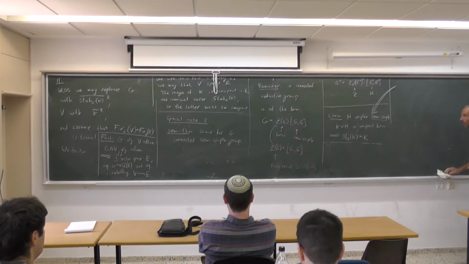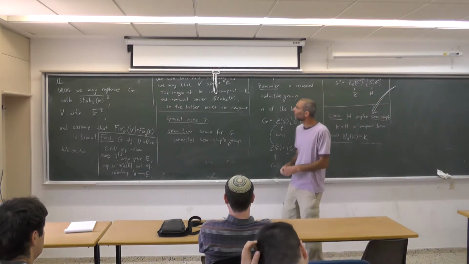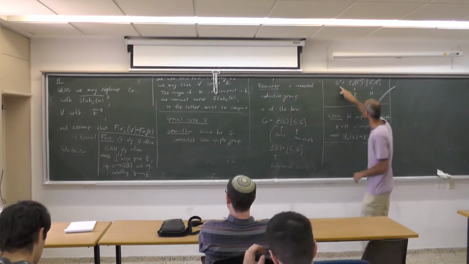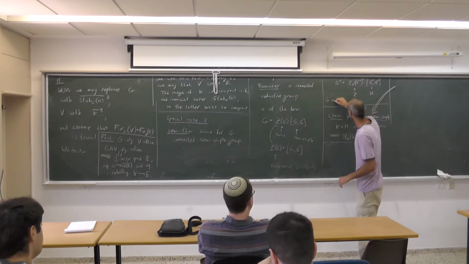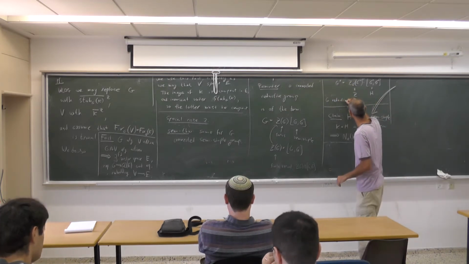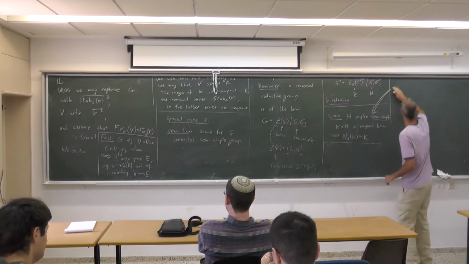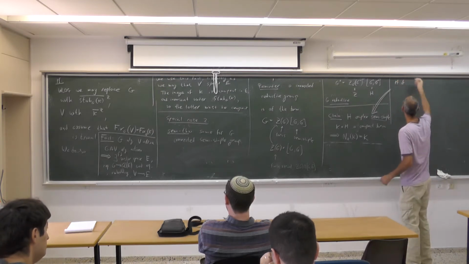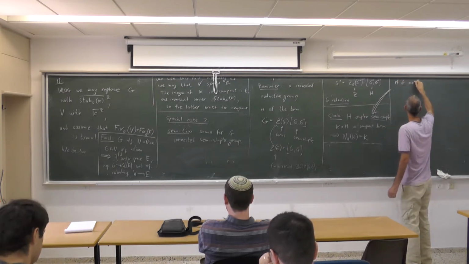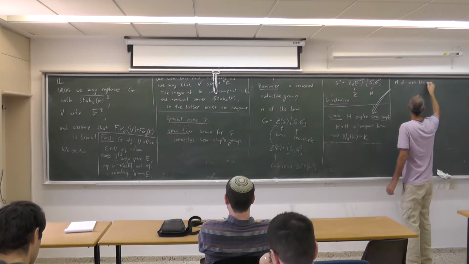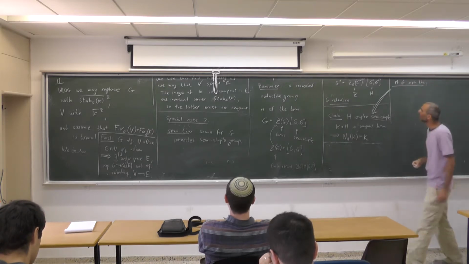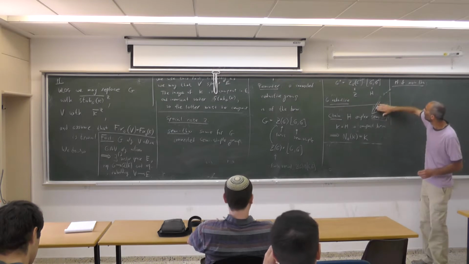So now, again, we look at a general G, a reductive group. This is the setting. Proof of the main theorem. Main is the one that I stated at the beginning of this class. We're proving the main theorem.